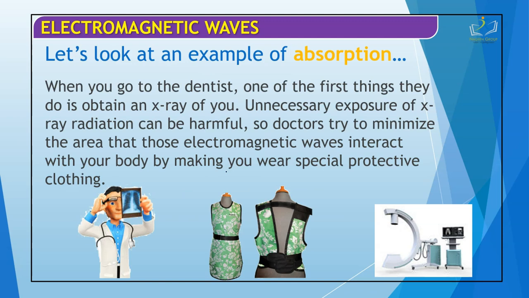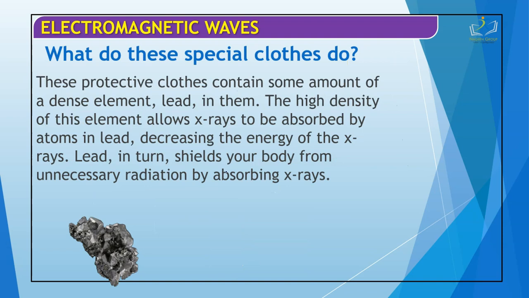Let's look at an example of absorption. When you go to the dentist, one of the first things they do is take an X-ray of you. Unnecessary exposure to X-ray radiation can be harmful. So doctors try to minimize the area that those electromagnetic waves interact with on your body by making you wear a special protective cloth. What do these special clothes do?